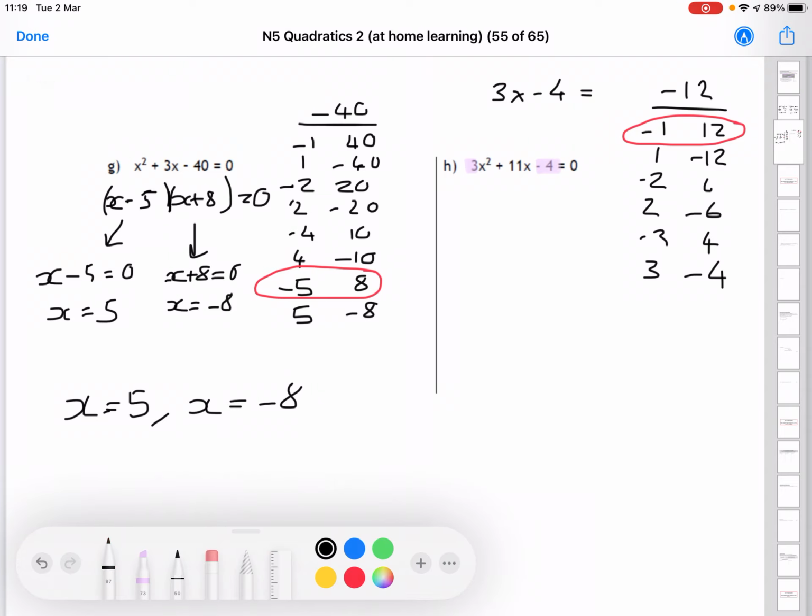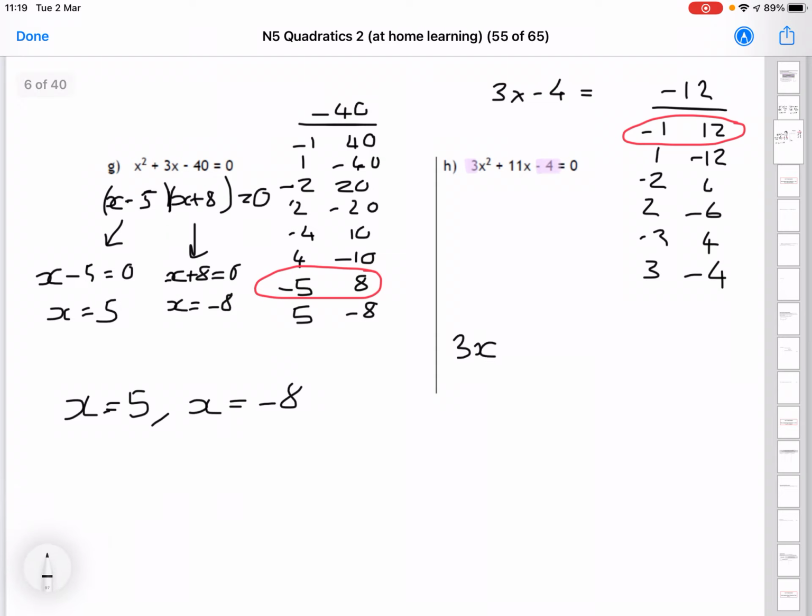So what I'm going to do is I'm going to write 11x as minus x plus 12x. Okay, so I'm going to use that minus 1 and plus 12 to rewrite that middle term. The first and last terms are going to stay as they are. Then what I'm going to do is factorise the first two terms and factorise the second two terms.